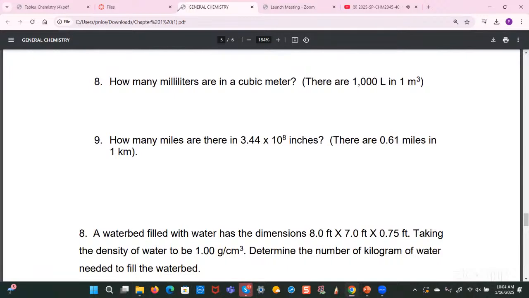So for number 8, it says how many milliliters are in a cubic meter? So basically, they're asking 1 meter cube, you're starting from that. Cubic meter is the same thing as 1 meter cube, right? And they're asking for how many milliliters are present in that 1 meter cube. And they give you a little hint here, they're saying that there's 1,000 liters in 1 meter cube. So what would be the first conversion factor you would use in this case?